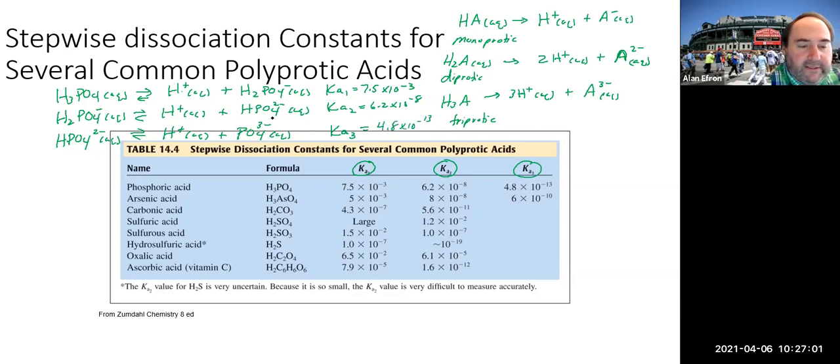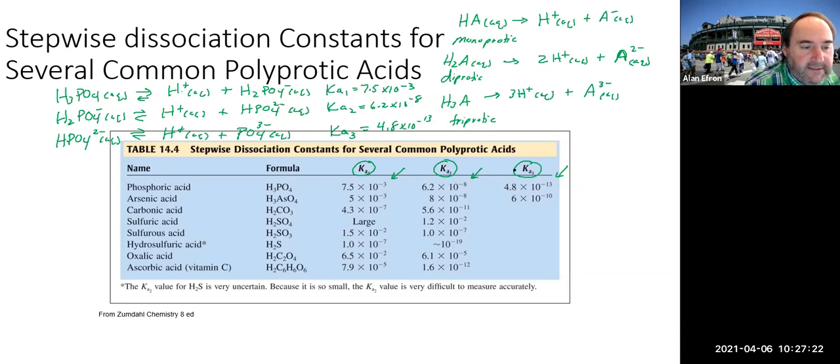Now, what do we see in terms of what's happening as we try to take off the next H plus and the next one after that? Well, when we look at the Ka values, as you go from Ka1 to Ka2 to Ka3, it gets much, much smaller.